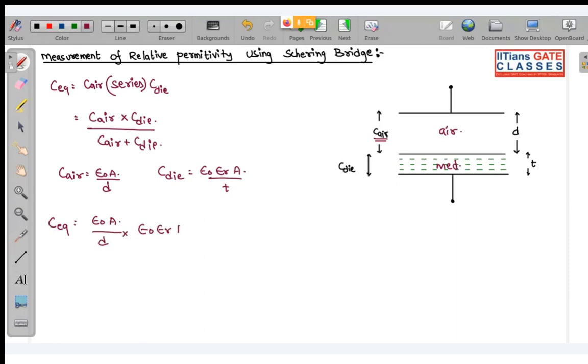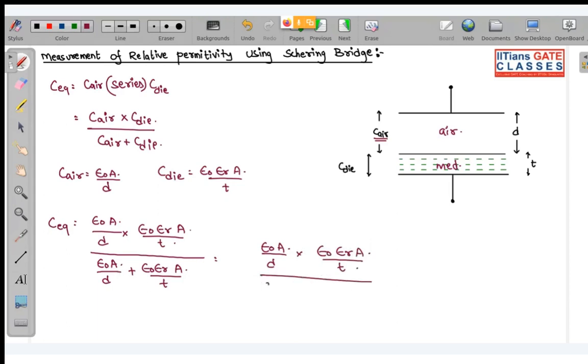Epsilon naught epsilon R A by T divided by epsilon naught A by D plus epsilon naught epsilon R A by T. So from here, let me take epsilon naught A common, so this will be 1 by D plus epsilon R by T. So this cancels. Now let me take LCM and solve it.